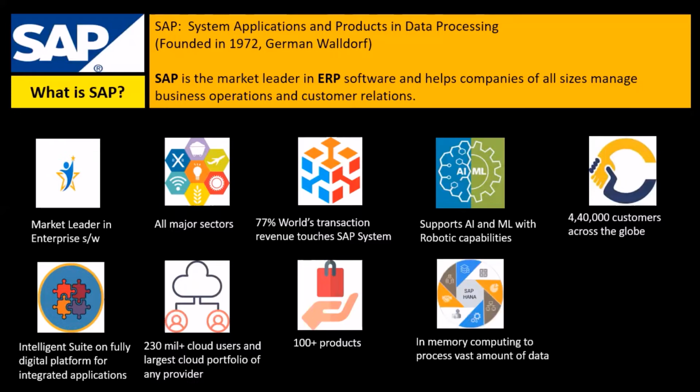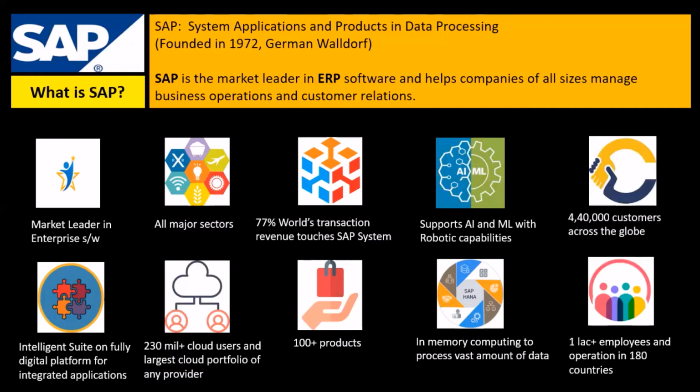As you know about HANA, that's their major product, where you get in-memory computing to process vast amounts of data. SAP has more than 1 lakh employees around the world, spread across 180 countries. So that's about SAP's current portfolio in the global market.